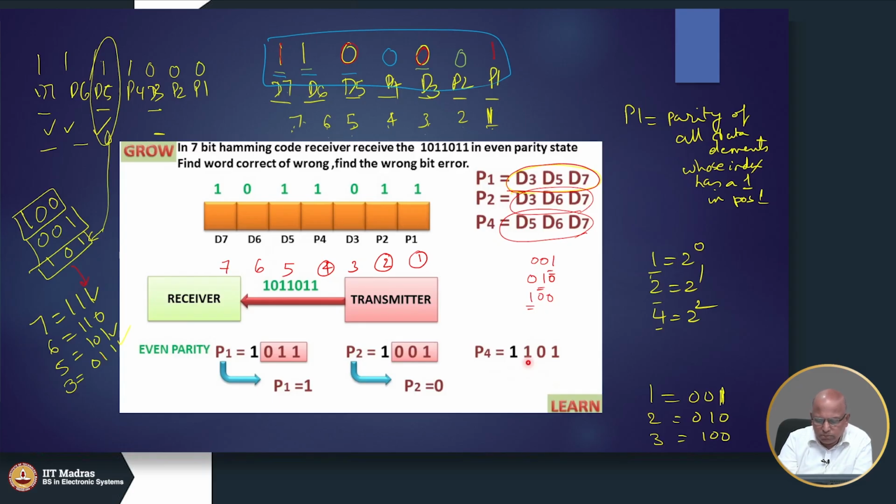Okay. Maybe we will do another example. So again let us write down 7 positions, call them 1, 2, 3, 4, 5, 6, 7.